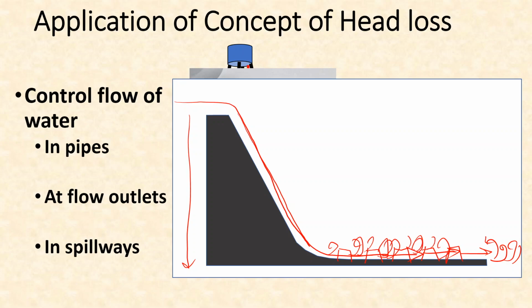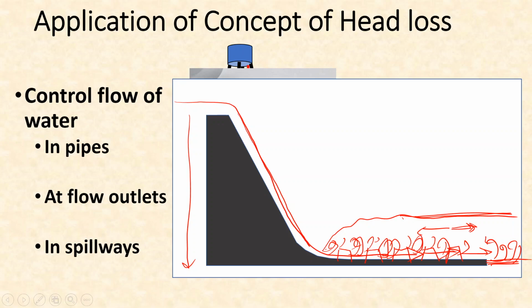So they introduce some additional friction, and therefore some more head is lost, and the water is slowed down, and it flows with a smaller velocity and greater depth, and therefore the downstream riverbed is secured. So I hope you have a rough idea of what head loss is and what governs pipe flow or flow in general.